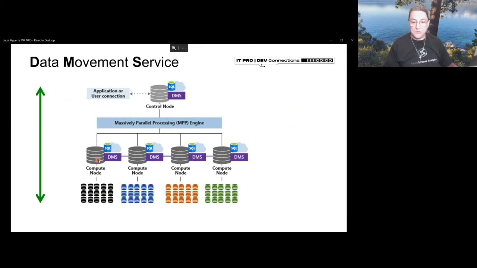That compute node will communicate horizontally with the other compute nodes, requesting the data that was in the other one. So there is a chance, if you don't design it well, that horizontal communication will be happening between the compute nodes. When this happens, your performance is going to go down really bad.